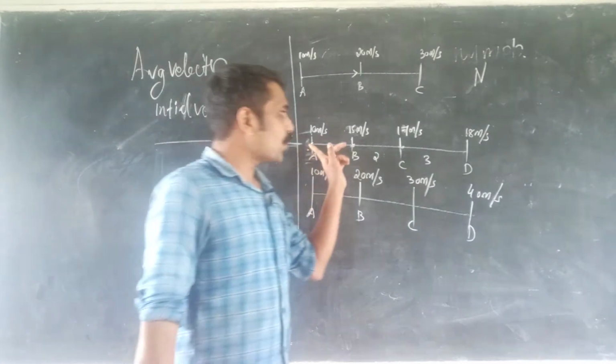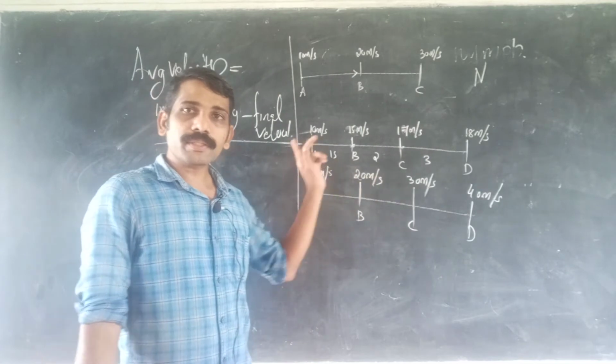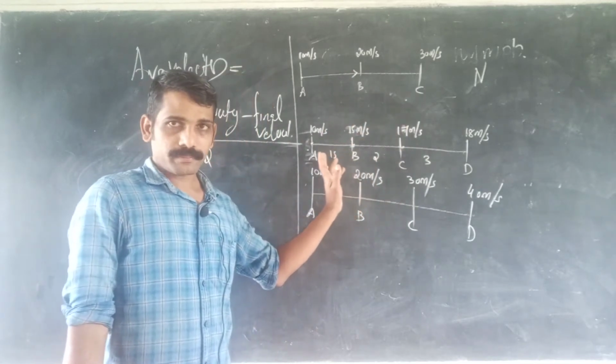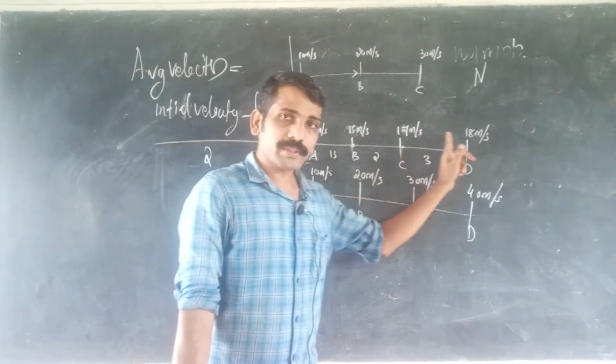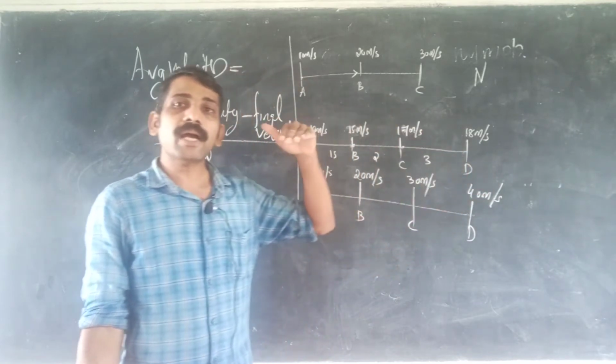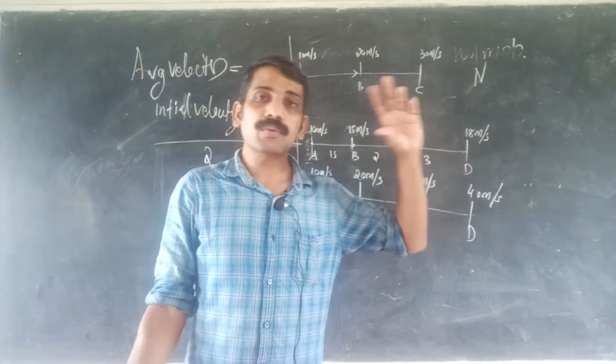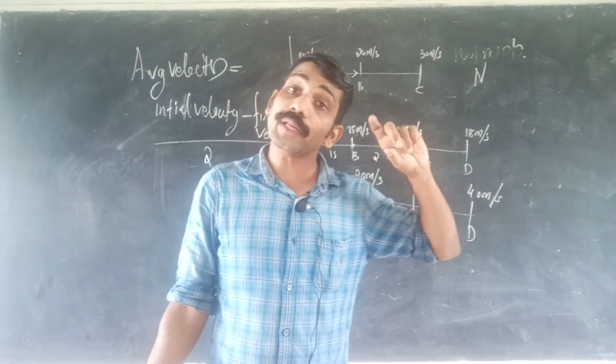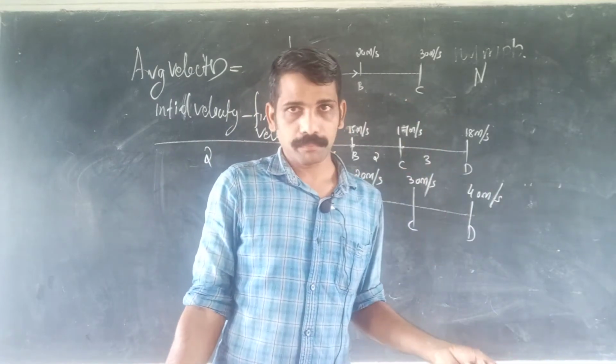If the velocity is not changing at a uniform rate, then the average velocity is found by total displacement divided by total time. Understand?